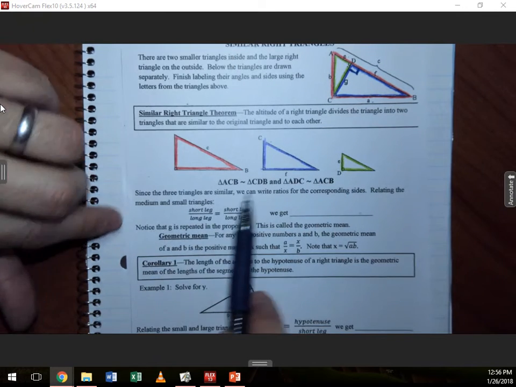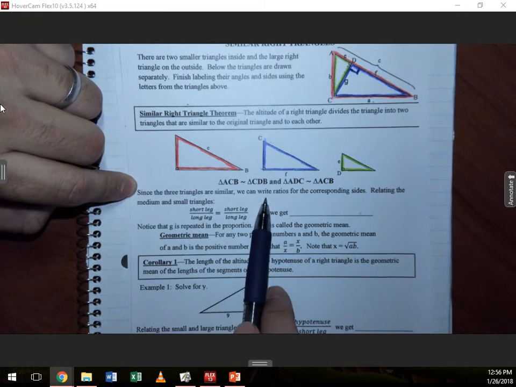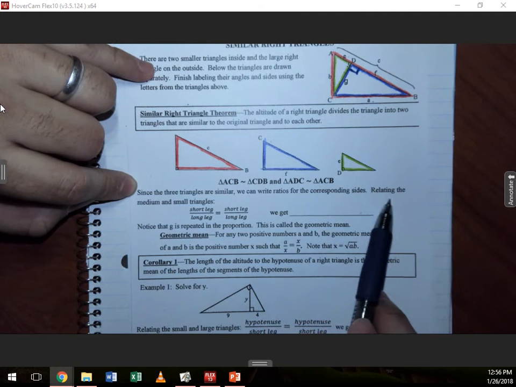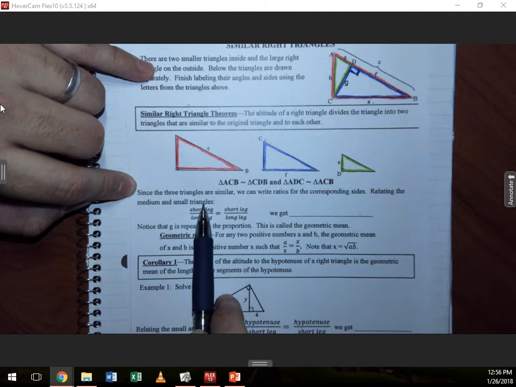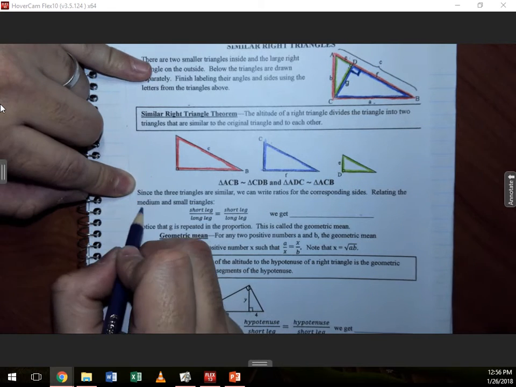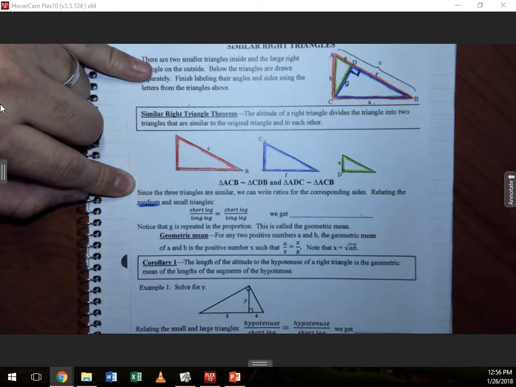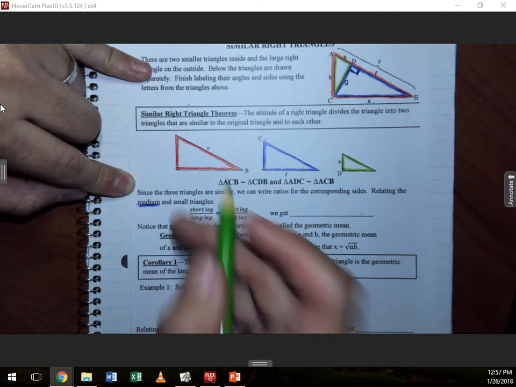Okay? So let's take a look at this now. Since the three triangles are similar, we could write ratios for the corresponding sides relating the medium and small. So medium, okay? Yes, my grande, and the small is my tall.